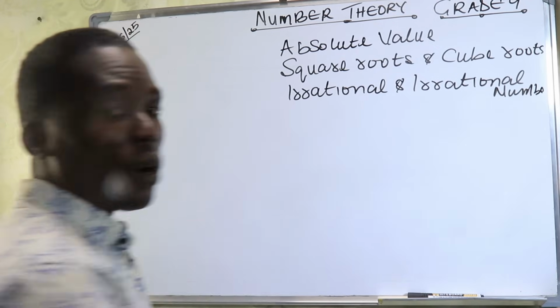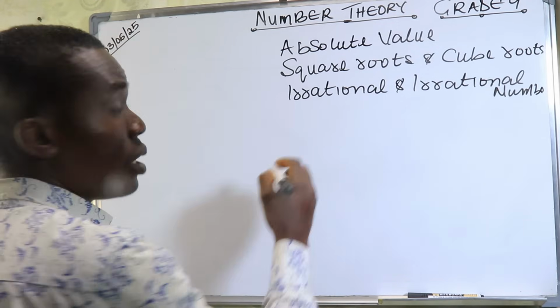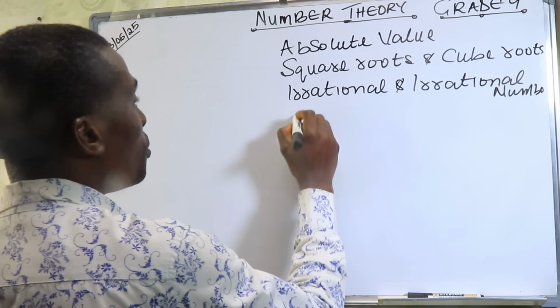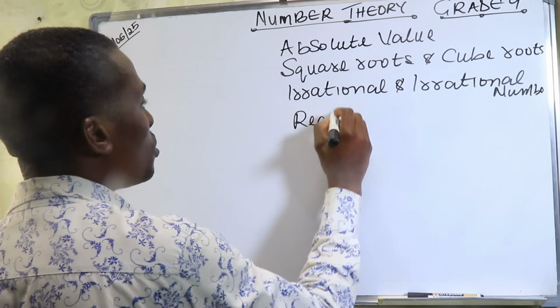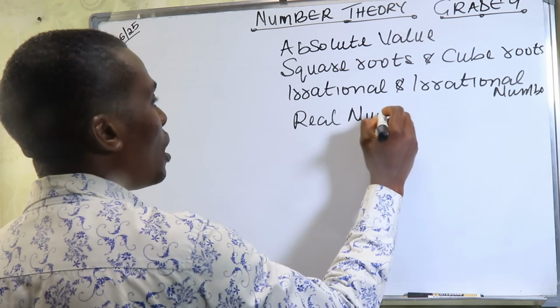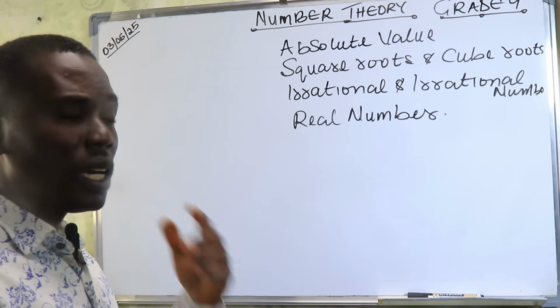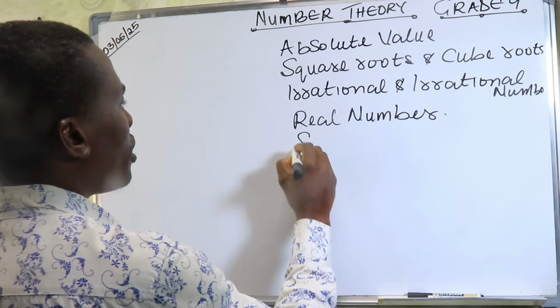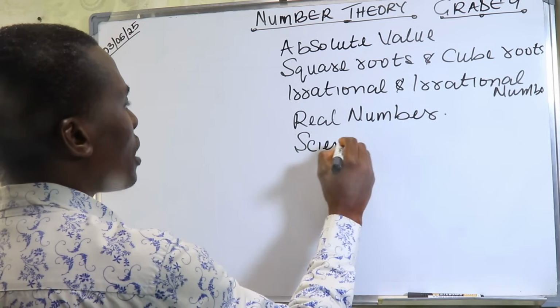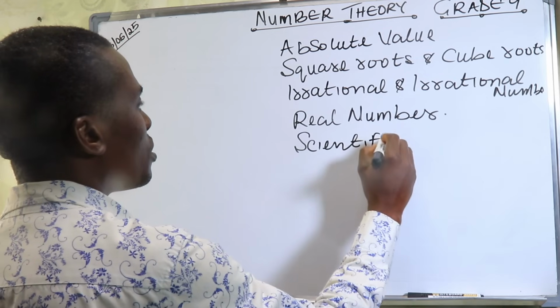And then you will also be discussing some points on real numbers. You're going to know what real numbers are and how different they are from complex numbers, and then you're going to know how to write numbers in scientific notation.